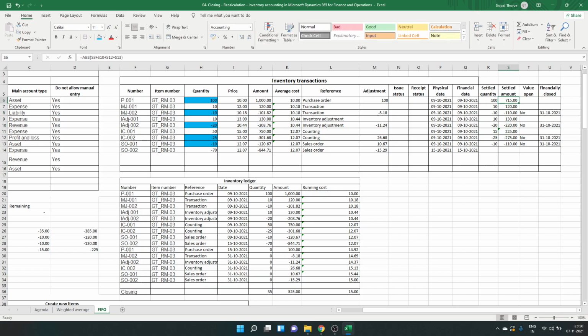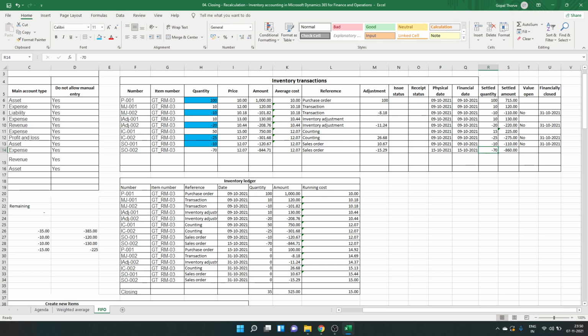Now from this, all 70 quantity are settled. The settlement amount is 860.